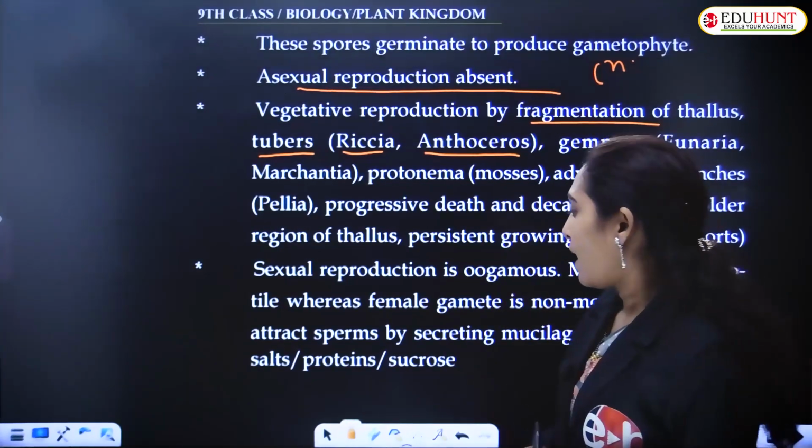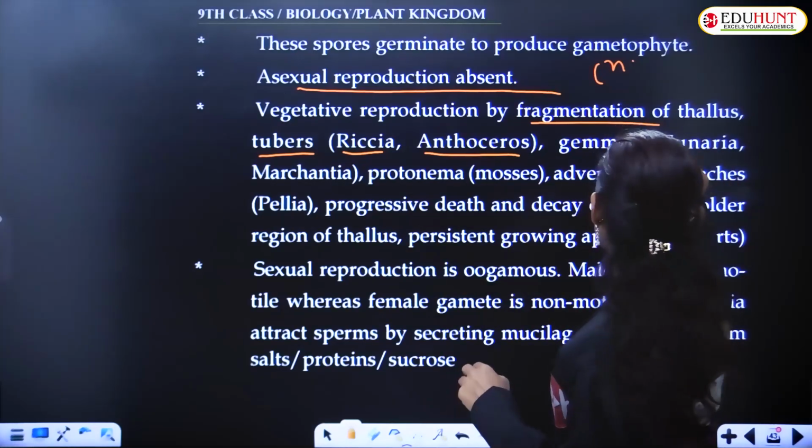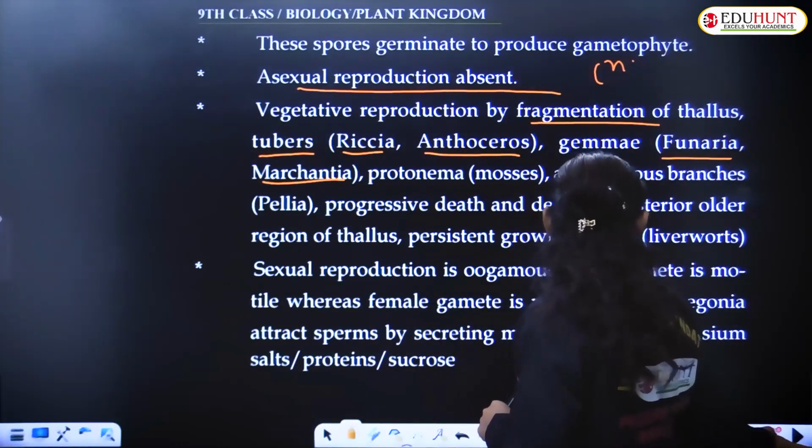And gemmae, I'll show you gemmae or gemma cups. Examples are Funaria and Marchantia. I'll show you the gemma cups.